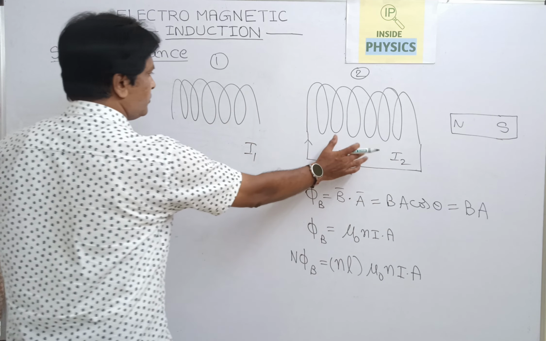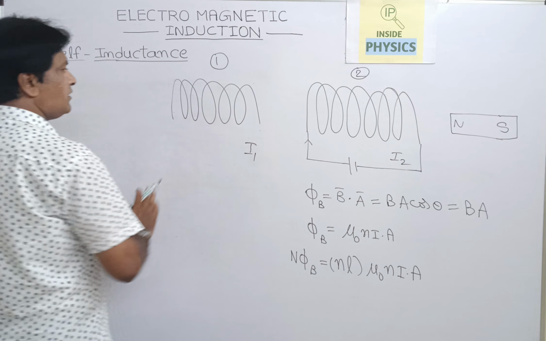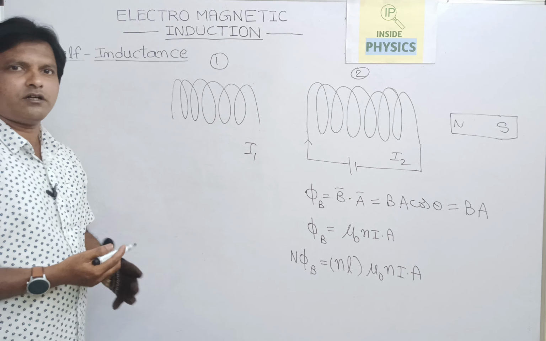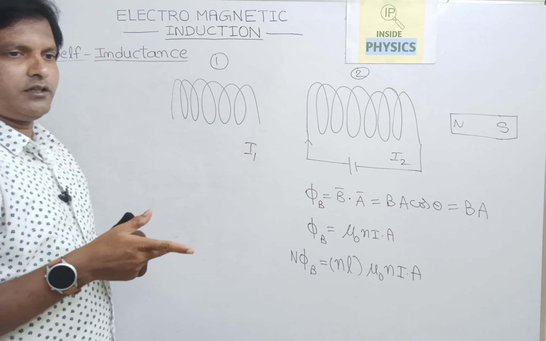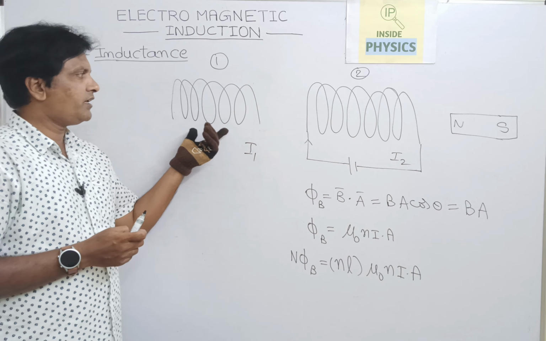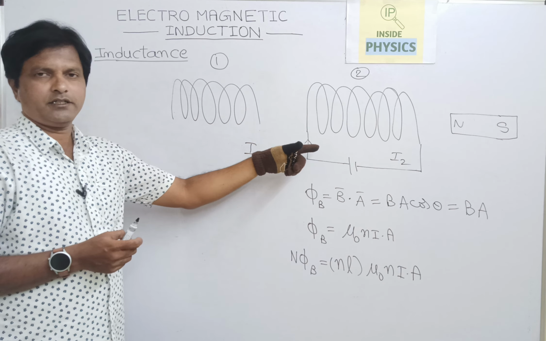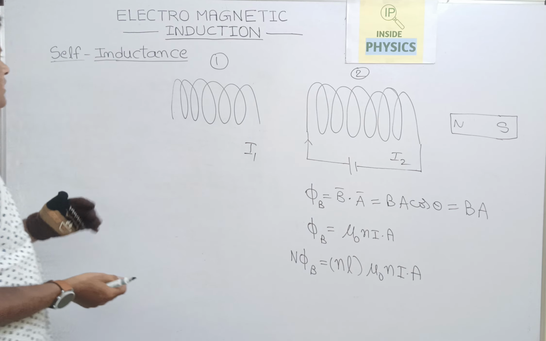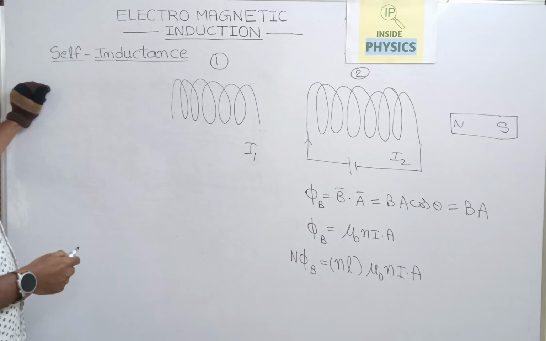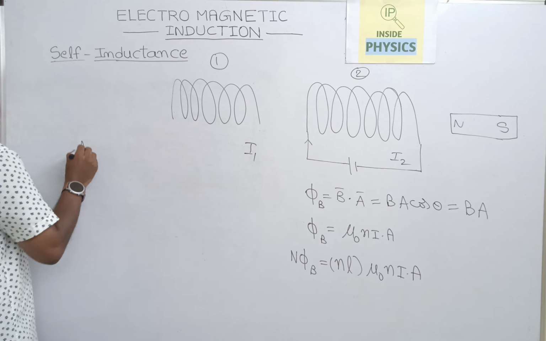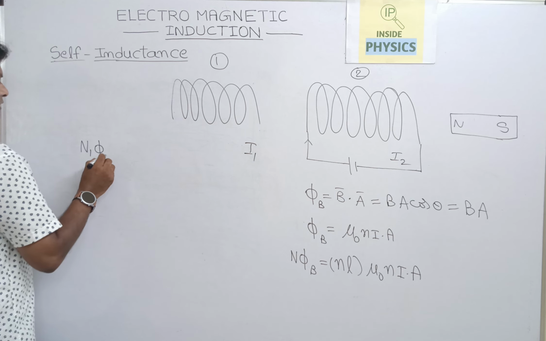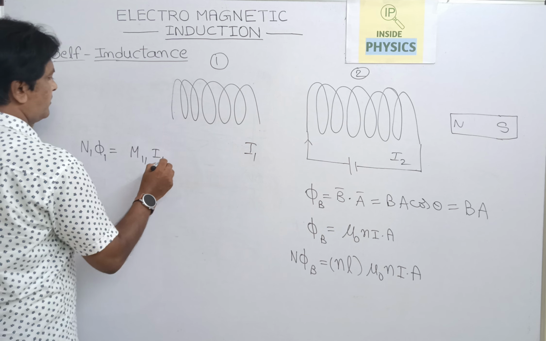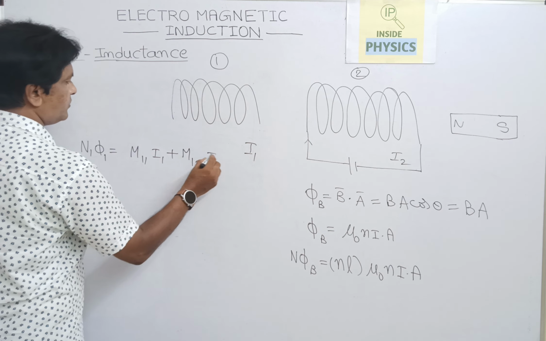Because of I2, there will be a flux induced in the first coil. That is what mutual induction is. Electromagnetic induction always says there will be a mutual thing here. The flux will be induced because of the current, and the variation of magnetic flux will induce the current in the coil. Here we can write the flux induced in the first coil due to the current in the second coil as M11 I1 plus M12 I2.